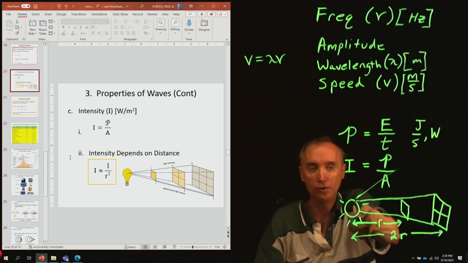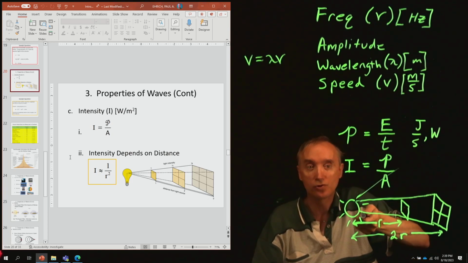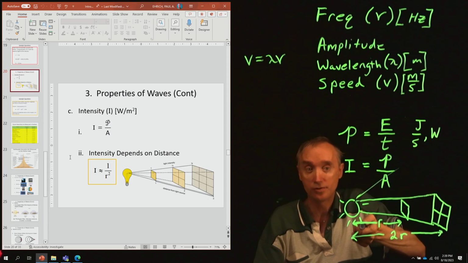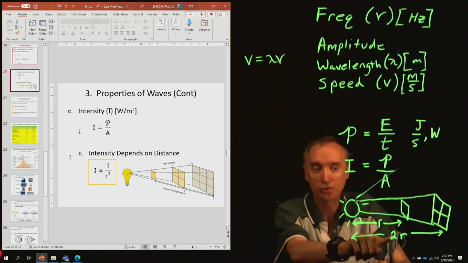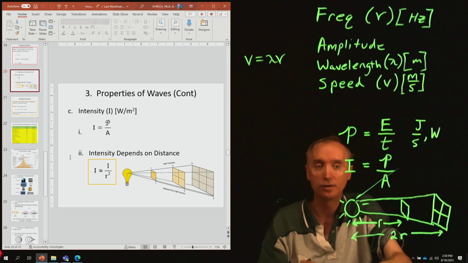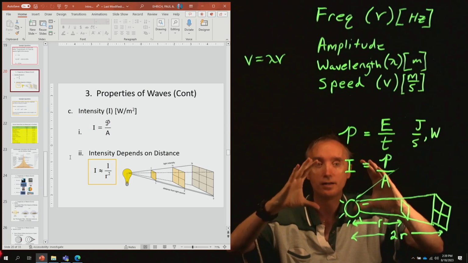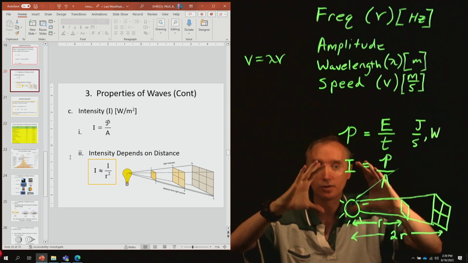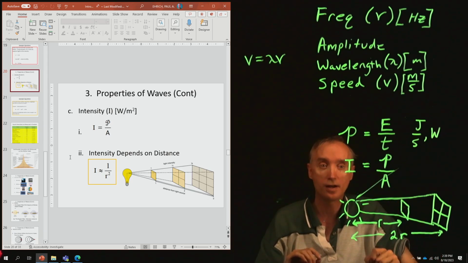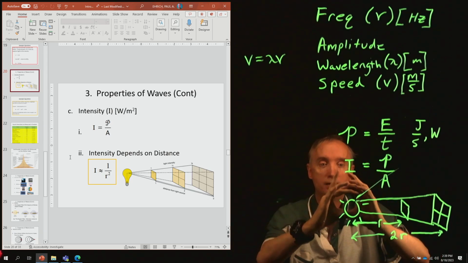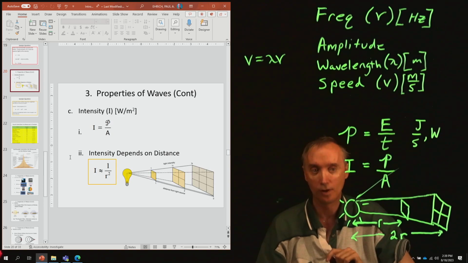Now if you back away, so it's 20 centimeters away from the wall, so twice the distance, you're going to notice that that circle has gotten bigger. And that circle now will have 4 times the area that it did when it was only 10 centimeters away.